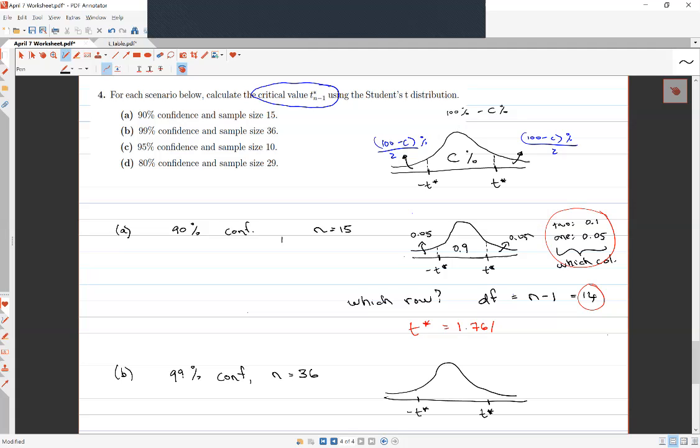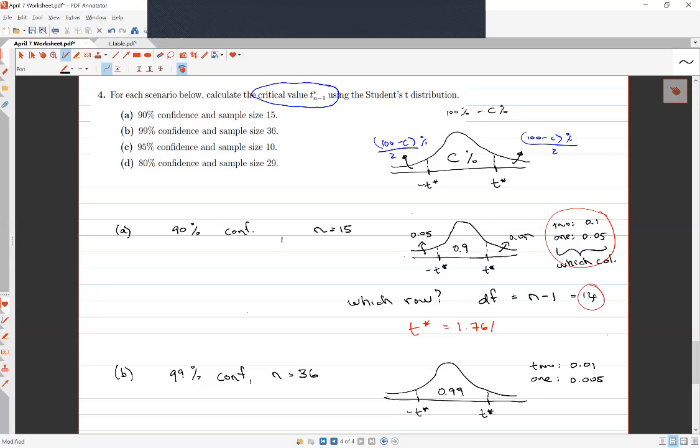You have a negative T-star and a positive T-star, and 99% confidence means that the part in the middle of your bell curve is 0.99, which means the two-sided value is everything that's left, which is just 0.01. And if you were to divide that by 2, it would be 0.005.